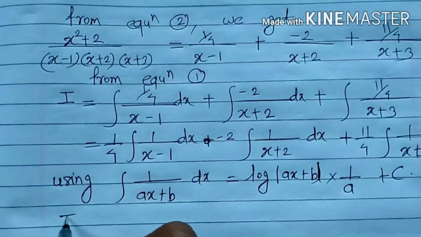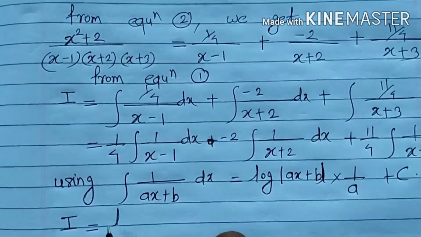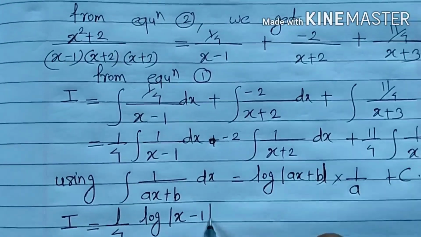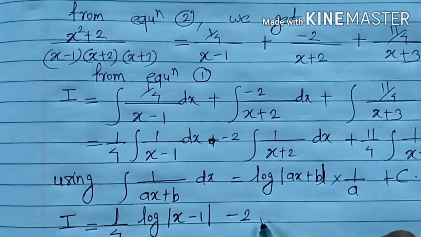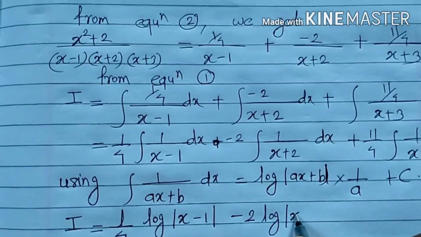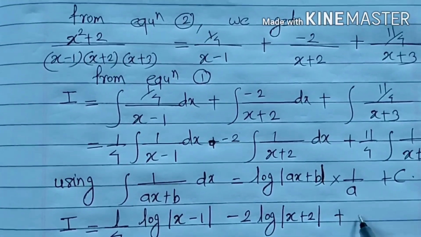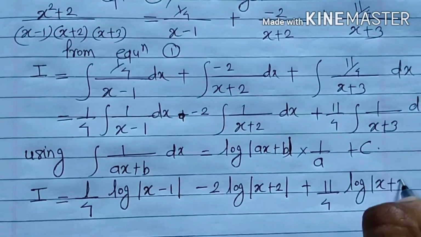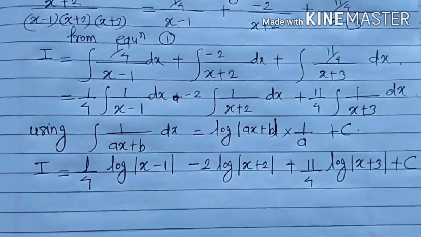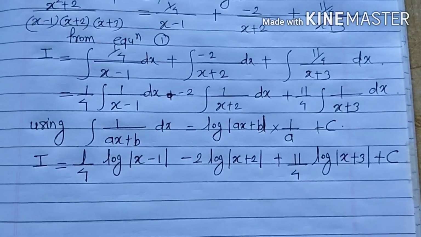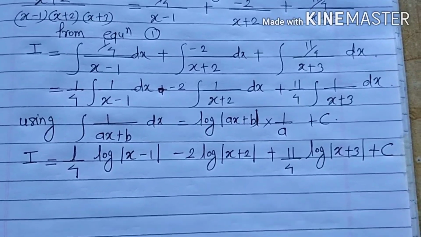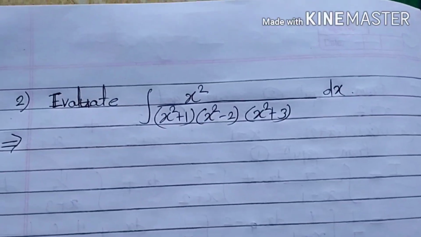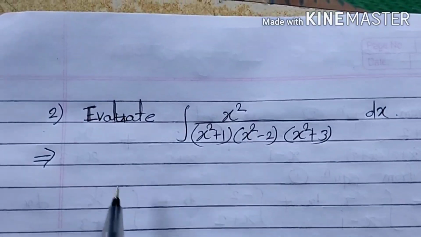Using this we get I is equal to 1 by 4 log of x minus 1, minus 2 log of x plus 2, plus 11 by 4 log of x plus 3, plus c. So this is our equation, this is our answer.